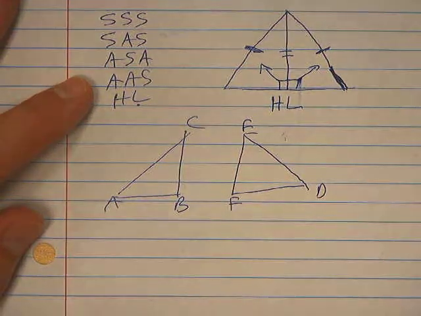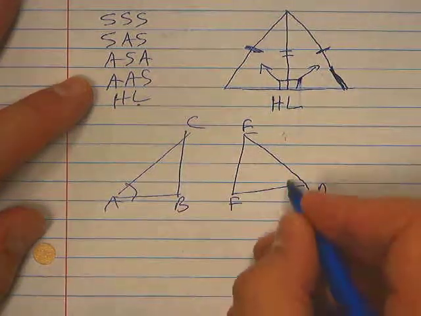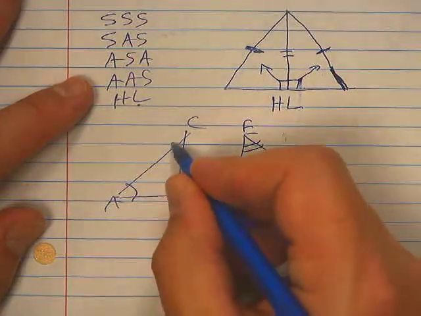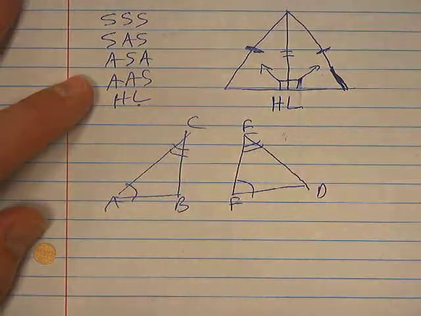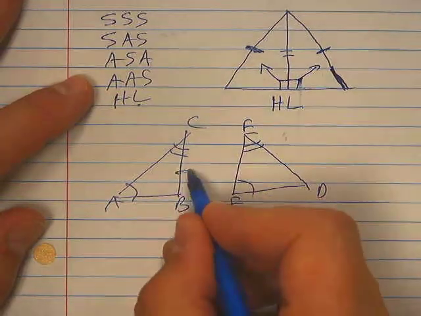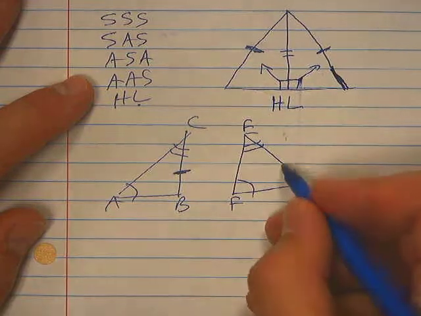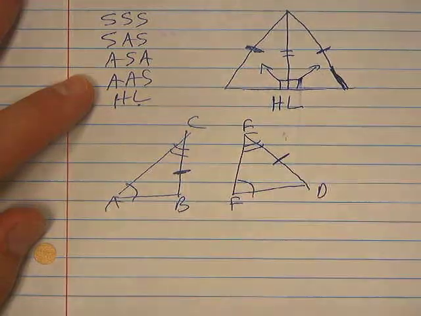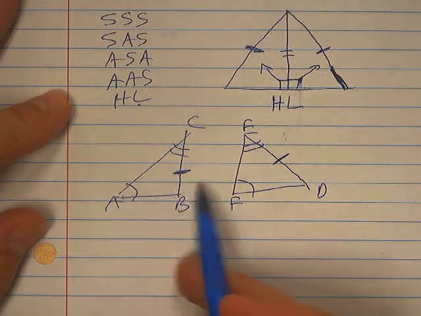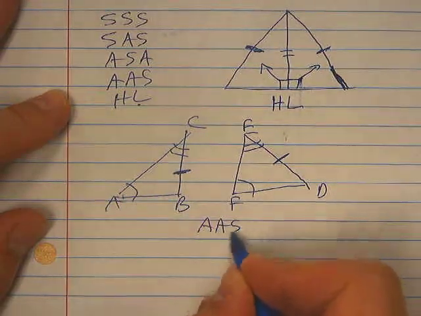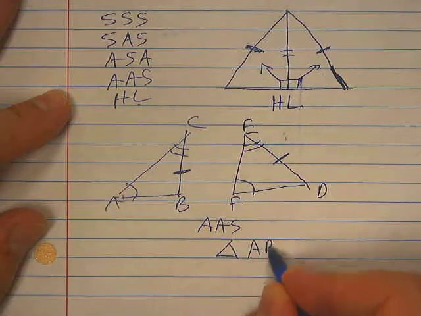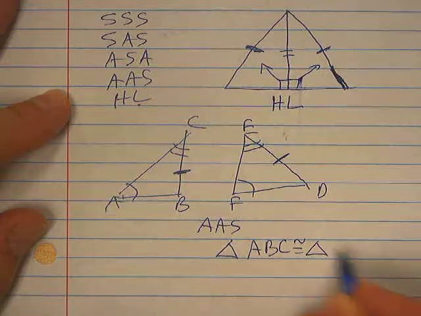That's important. Okay? Now, if we had something like this, again, don't go by what mine look like, go by the markings. So this is A, B, C, D, E, F. So if I have, let's say, A is congruent to F, E is congruent to C, and let's say CB is congruent to DE right here. Okay, these two would be congruent by angle, angle, side.